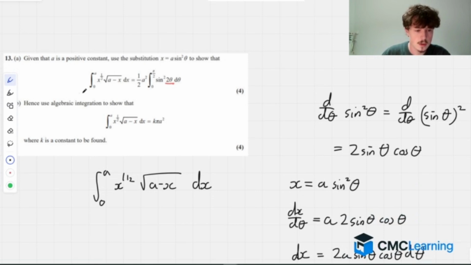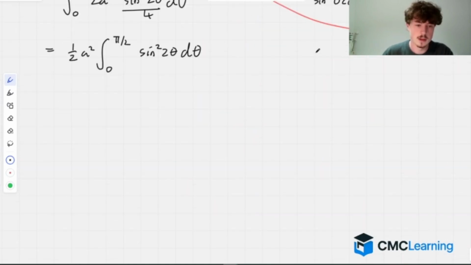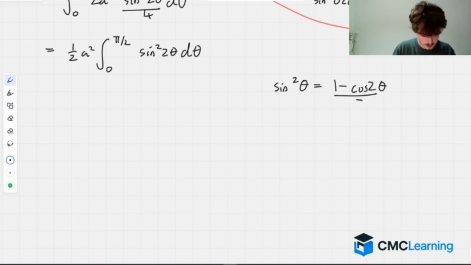Next we need to use algebra to show that this integral equals k pi a squared, where k is a constant to be found. So you might be looking at this and a bit confused on how to integrate a sine squared. Well, if you remember another trigonometry equation, sine squared theta equals 1 minus cos 2 theta over 2.